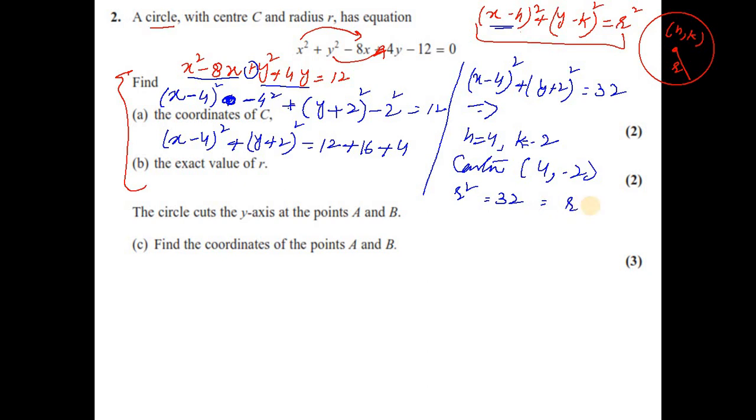So r is equal to root 32. Or you can simplify this if you wish. You can write 32 inside the root as 16 times 2, and then 16 comes out of the root as 4, so root 32 can be written as 4 root 2. This is the radius, the answer for part B.